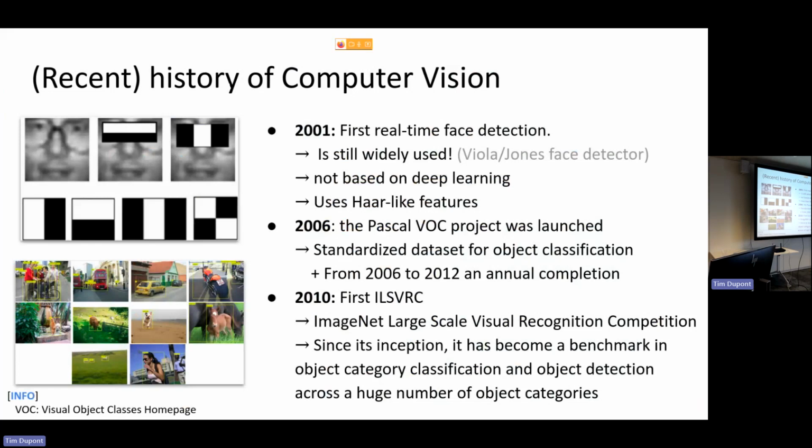But then later on, the main focus was creating data sets, and actually creating large data sets. The Pascal VOC was the first, and after that came ImageNet. With the creation of these data sets, the field kind of exploded, because especially ImageNet was a few million labeled quality images that could be used for everyone to train their object detection software on.